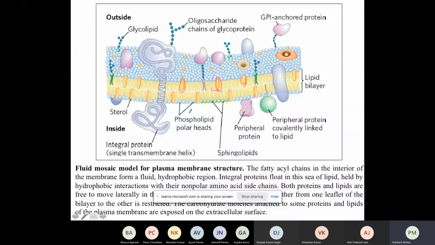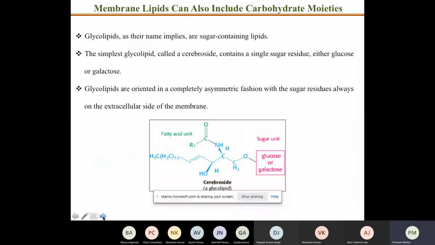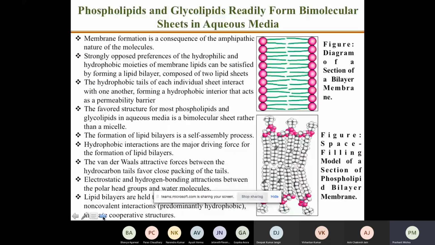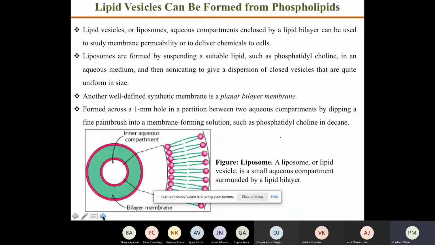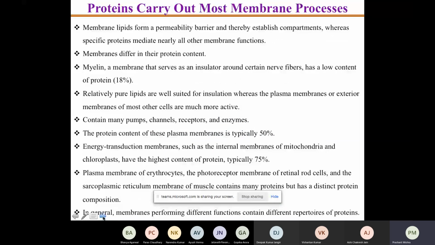So in summary, we can say that cholesterol provides control under both conditions, at a very high fluidic condition as well as in a rigidified condition. It controls the fluidity in such a way that under the extreme of low temperature it doesn't crack, and under the extreme of a high temperature to some extent it does not flow.